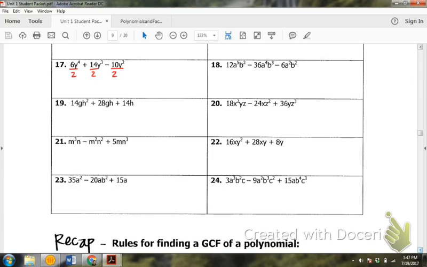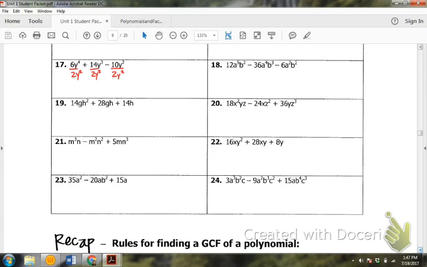They all have a y. Do they have more than one y? They all have at least how many y's? Y squared. Okay? So we're going to divide each term by y squared. Now that wasn't hard, was it? You decide what number first, then decide what variable and how many of them. You don't have to do it all at once.